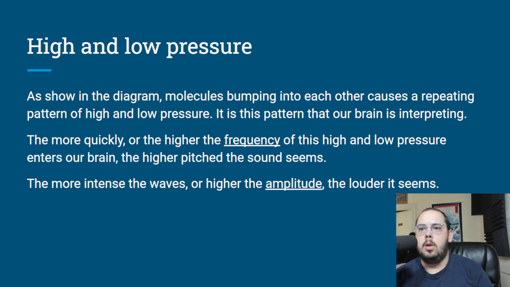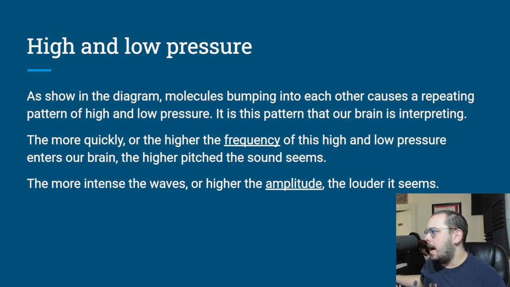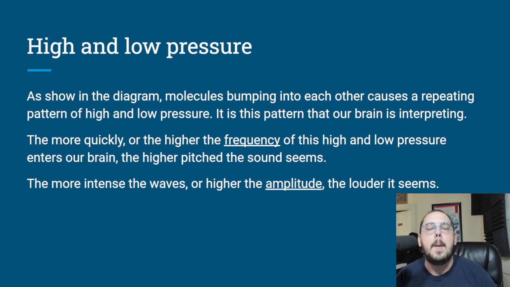So a low noise like this is alternating between high and low pressure a lot slower than a high noise like this. We'll pretend I didn't sound moderately terrifying doing that, and could actually hit high pitches like on my keyboard. But that's the idea, that your brain knows that the more quickly it's alternating between high and low pressure, the higher pitched the sound seems. And I'll talk about how the brain knows that in a little bit.